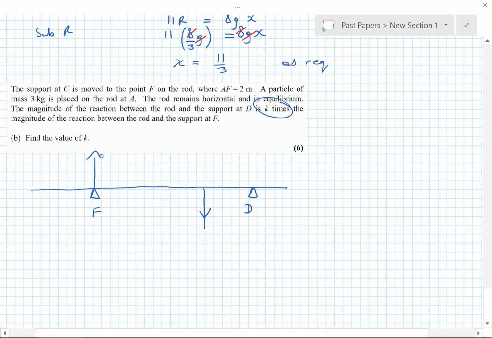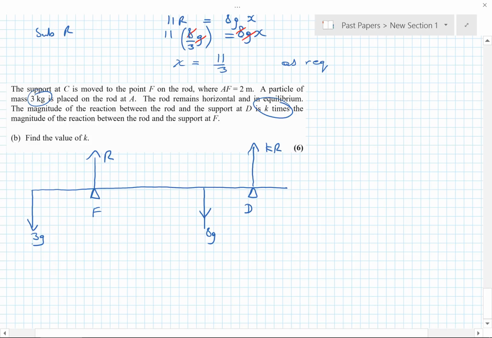So if we call the reaction R, the other is some ratio KR, and the question is to find the value of K. Again, the weight is 8g. Oh, we've got a weight of 3g now marked at this point here.